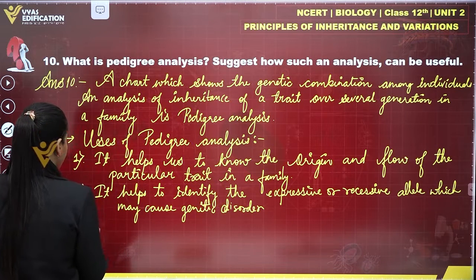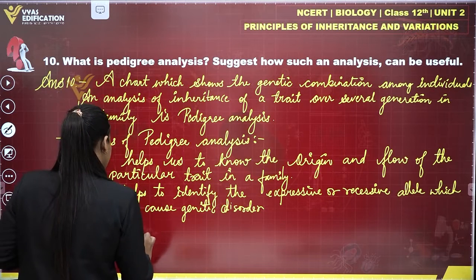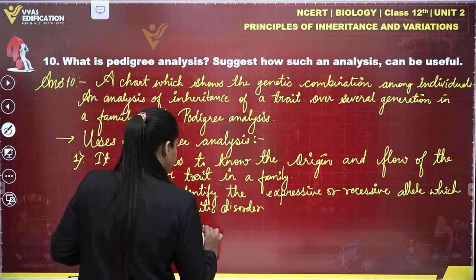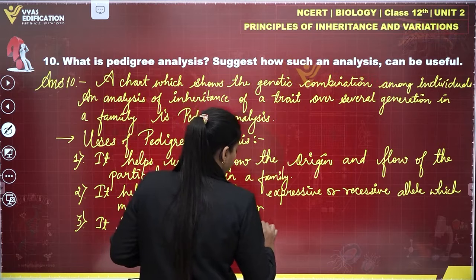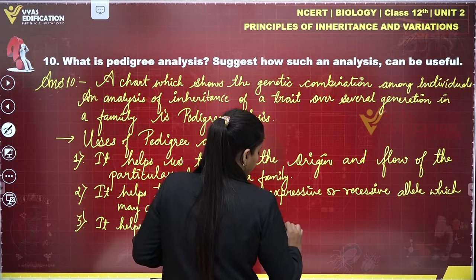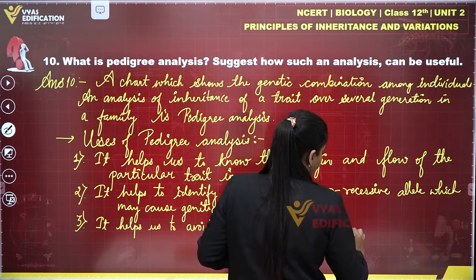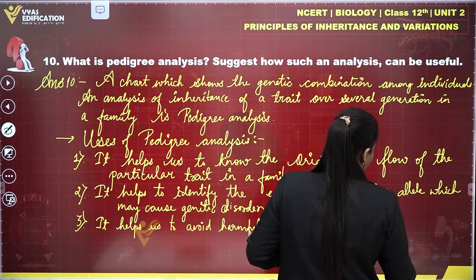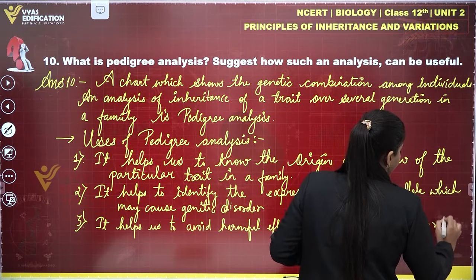Third use of it we can talk about is, it helps us to avoid harmful effects of marriages among close relatives.